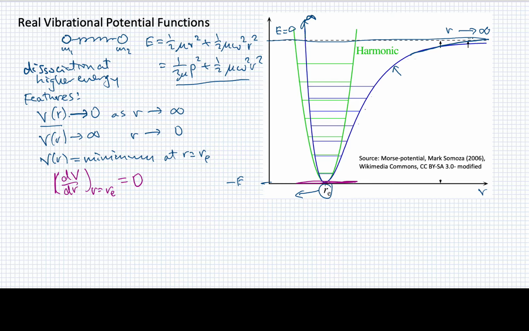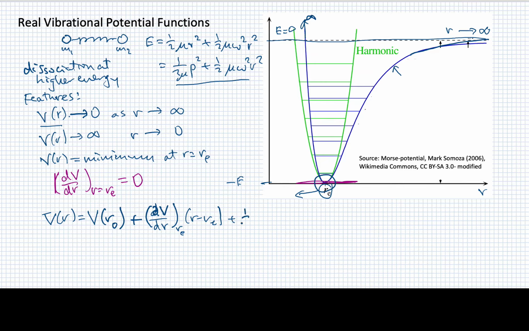All right, well, what we're going to do is we're going to write our potential function as a power series expanded around this point. So in other words, that means the first term will be just equal to the potential at that point. The second term will be its first derivative evaluated at that point times r minus re.